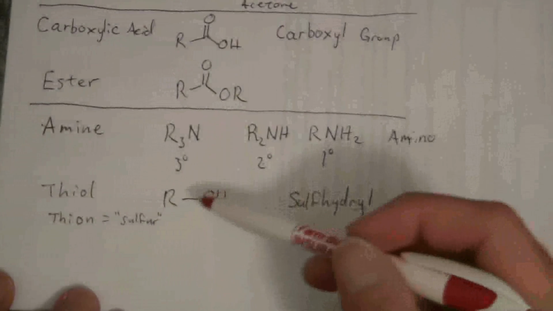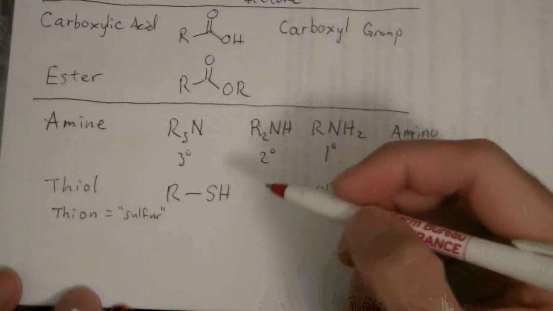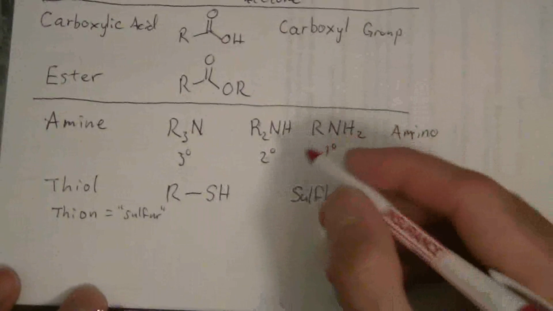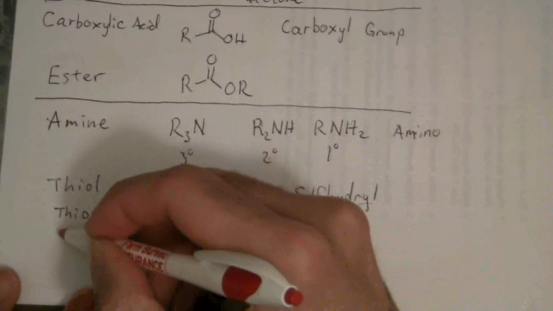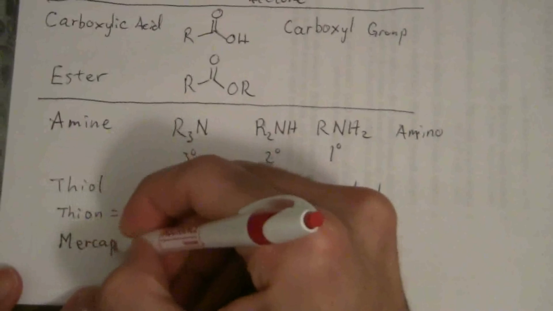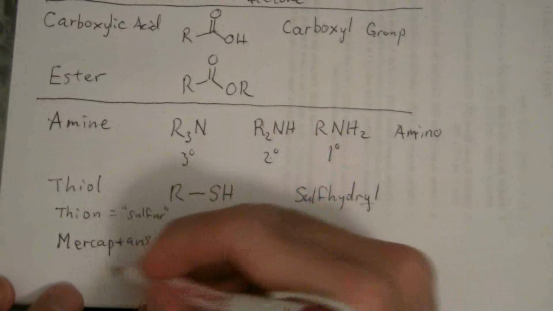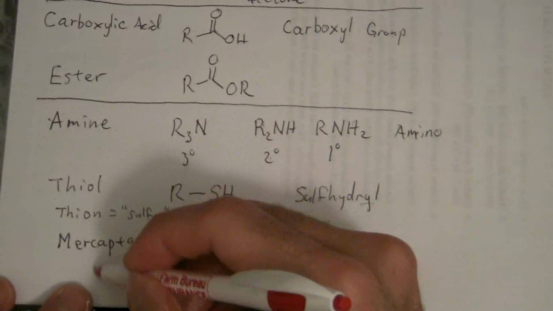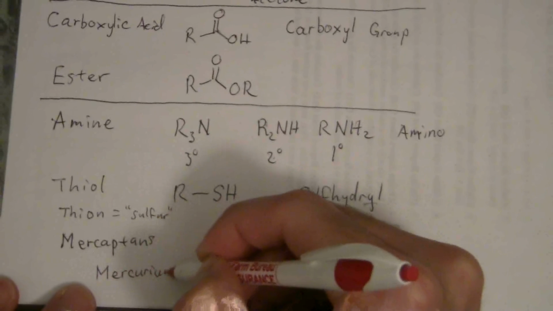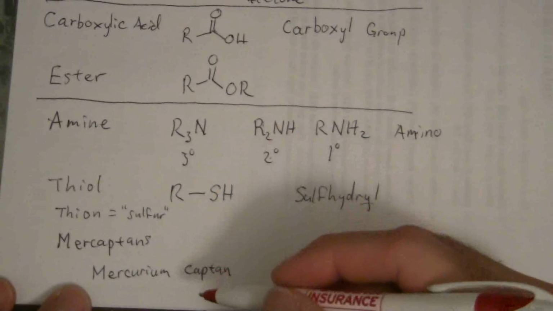Another property of thiols is that they are very much attracted to mercury. In fact, for that reason, they're often referred to as mercaptans. The term mercaptan comes from a combination of the Latin words mercurium for mercury, and captan for capturing.